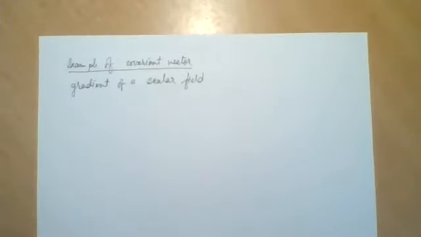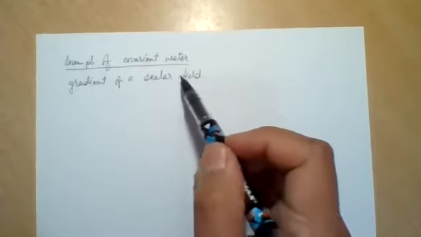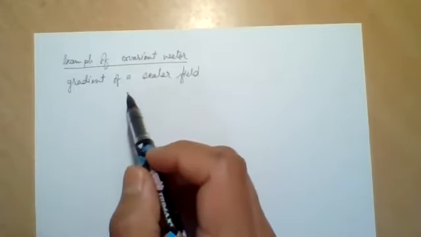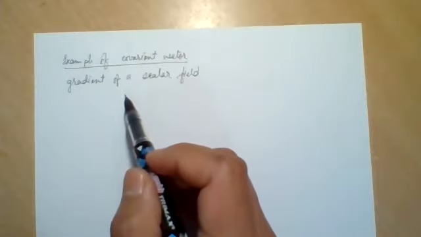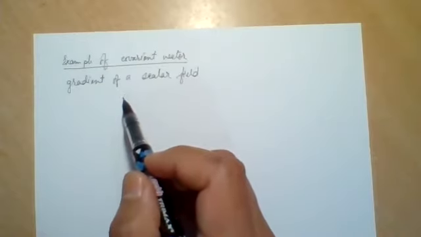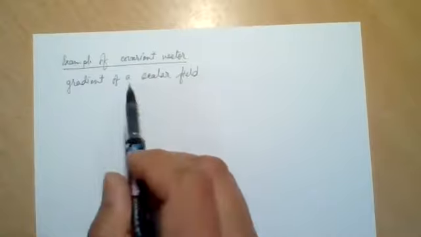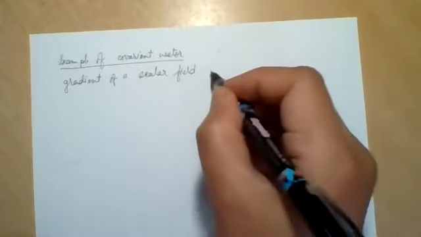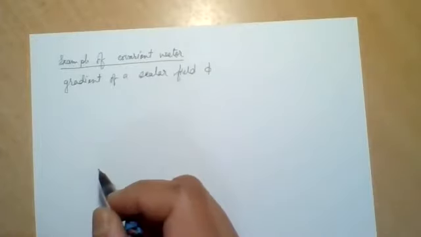So now let us look at an example of a covariant vector. The gradient of a scalar field is one example of a covariant vector. Let us call this scalar field phi.